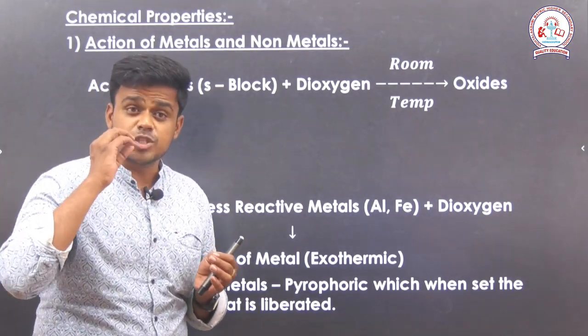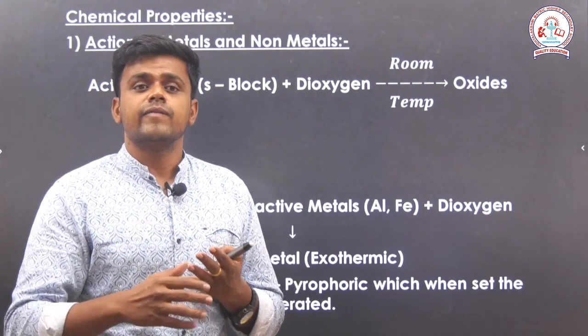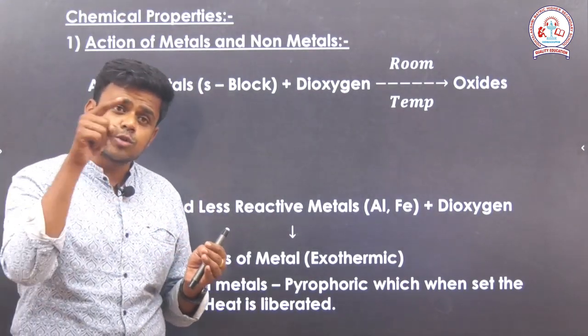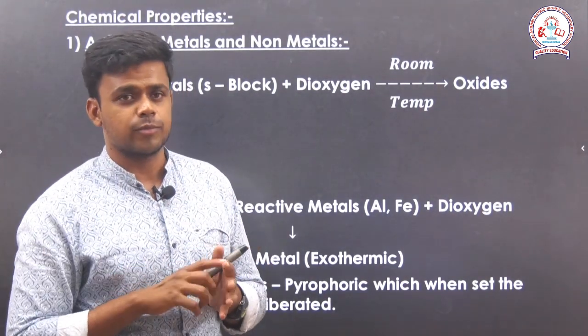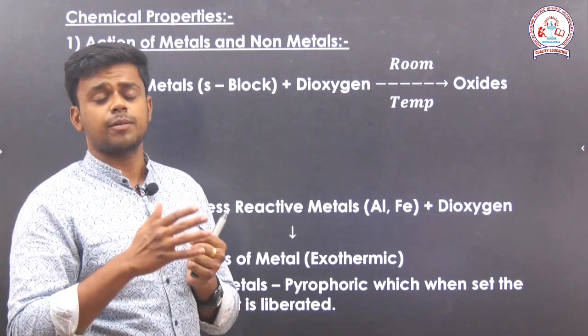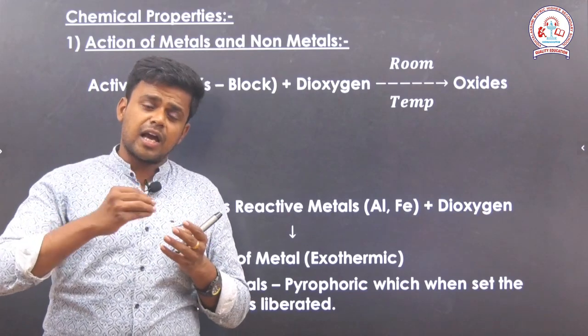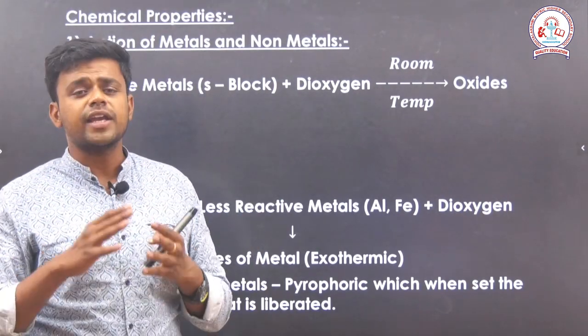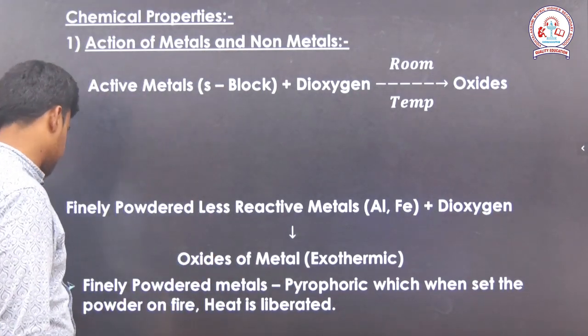After powdering it, when it is set on fire, a large amount of heat energy will be liberated. Only those metals are actually called pyrophoric. Don't forget it. Not all metals are pyrophoric. Those metals are pyrophoric because after grinding it into a powder, when it is set on fire, heat should be liberated. So that's the thing. Next one.